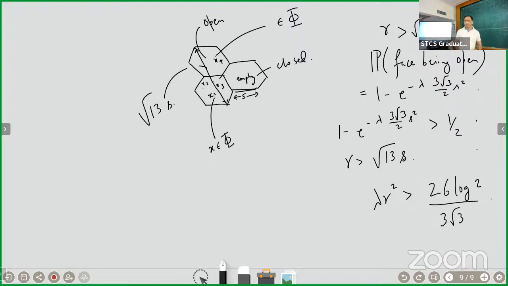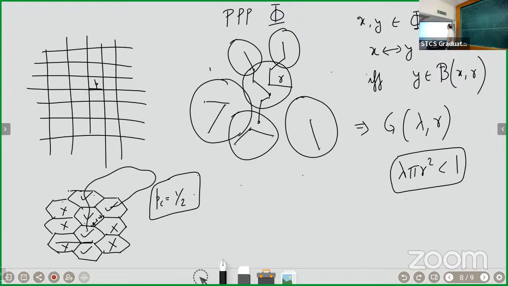There's nothing interesting going on. Some number, not very worry about. What you should worry about is what did I do to get here? So I took Gilbert's disk model. This model is called the Gilbert's disk model.